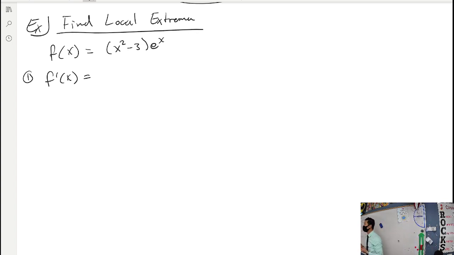Now, if you feel confident after you've done your derivative, see if you can find the critical points.